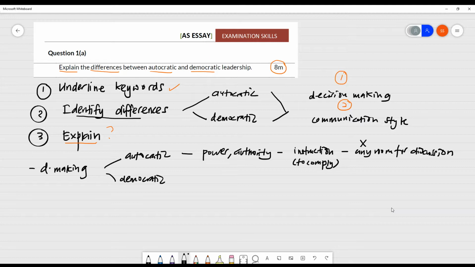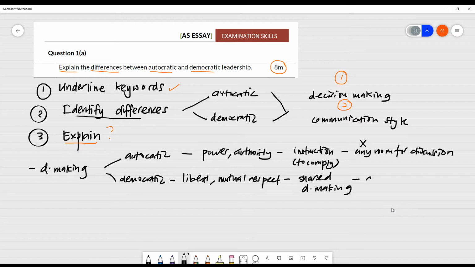For a democratic leader, what do they focus on? Is it the same in terms of power and authority? It's more towards being very liberal, all right? They are looking at mutual respect. Okay? So the decisions that they make are more towards shared decision making.